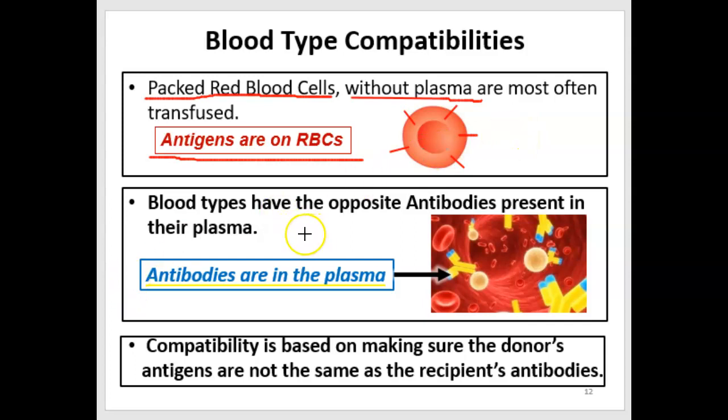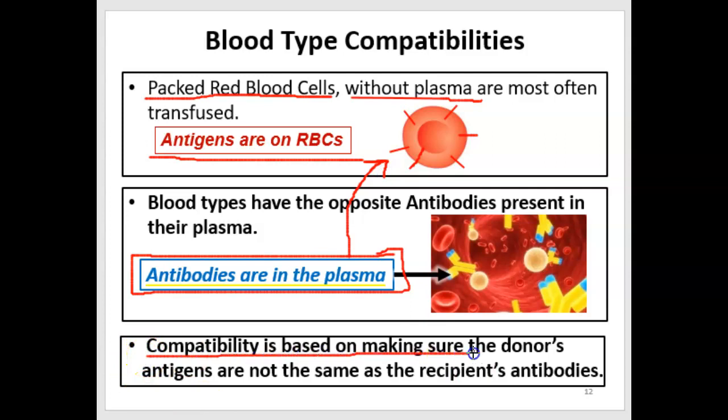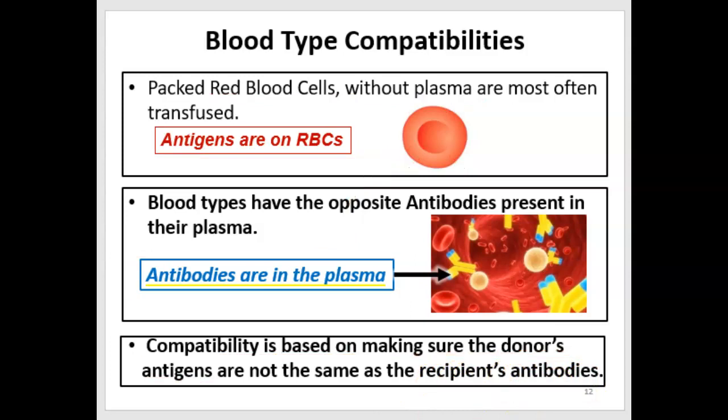But the recipient does have antibodies in the plasma. And so we have to make sure that there's no antibodies in the plasma that match the antigens on the donor. So we have to make sure that compatibility is reached by typing donor's blood and recipient's blood. And we need to know what the antigens are in the donor's blood and the antibodies in the recipient's blood.